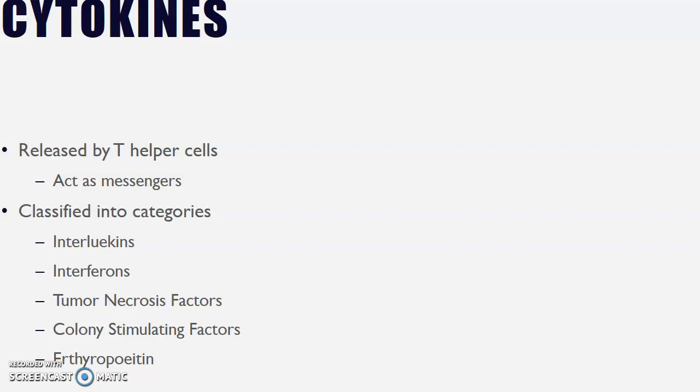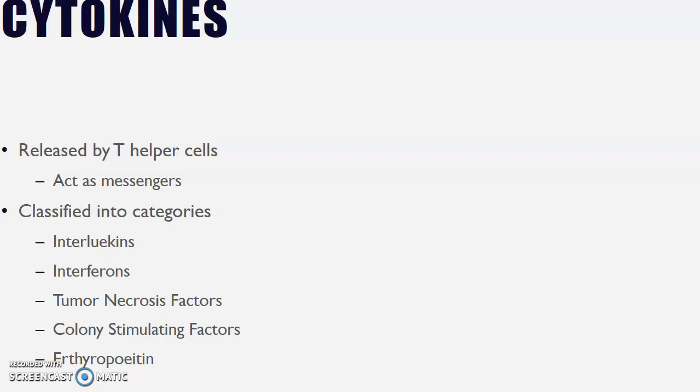We have our interleukins, and our interleukins we have interleukin 1 and interleukin 2. These promote proliferation of the B cells. They activate the T cells and the natural killers. We have the interferons.